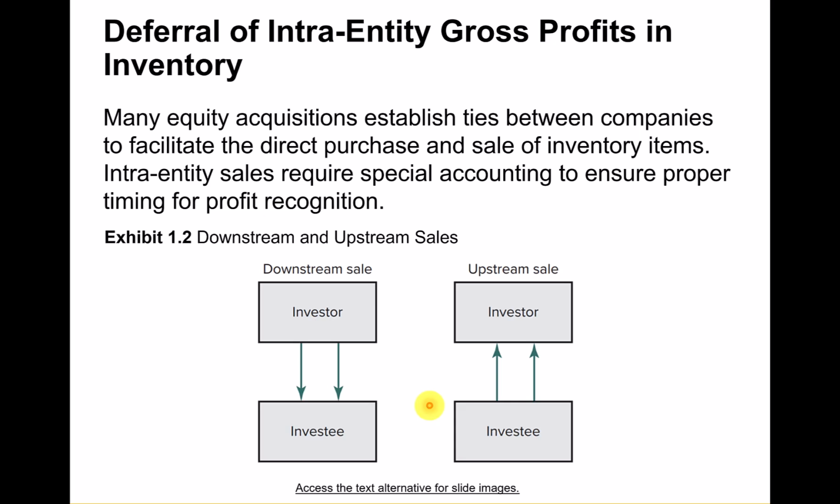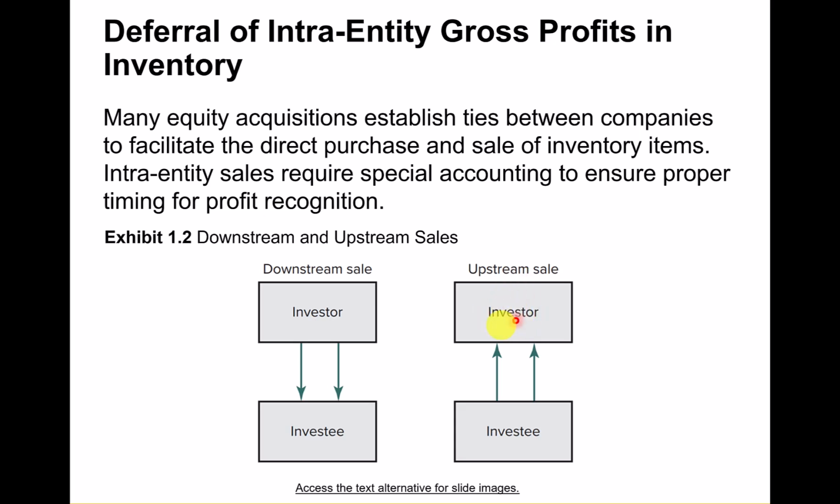Because of that situation, we're really not going to report all of the gain at the end of the year if there's still stuff unsold by the company that bought the merchandise. From investor selling to investee, we call that downstream sales, and from the investee selling to the investor, upstream.